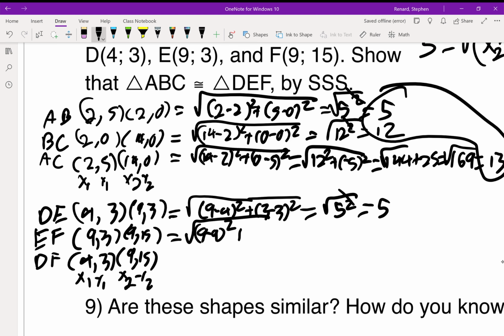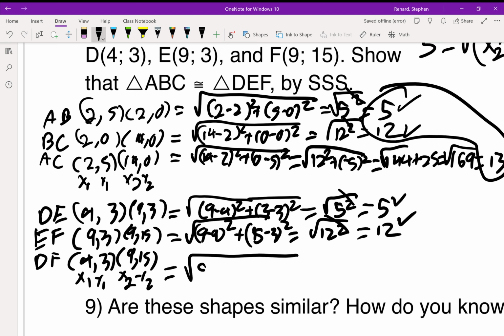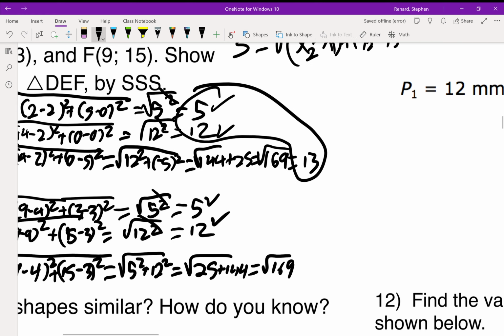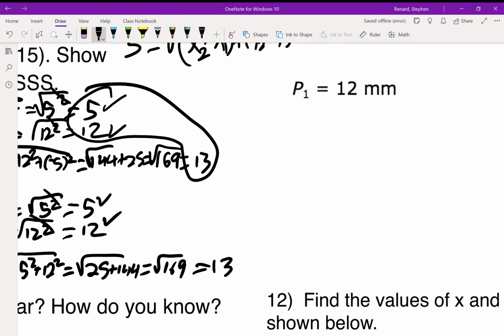So notice again we have 5, 5, 12, 12. And I'm assuming that this next one's going to be 13, but let's show the work. We have 9 minus 4 squared plus 15 minus 3 squared, which gives me the square root of 5 squared plus 12 squared, which gives me the square root of 25 plus 144, which is the square root of 169, which is 13.